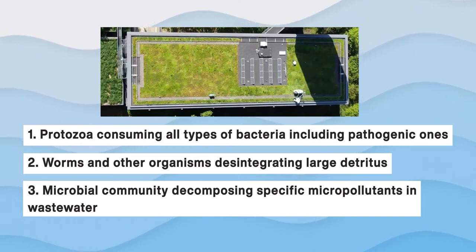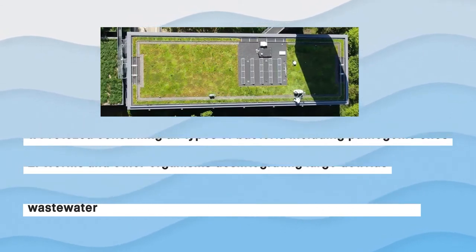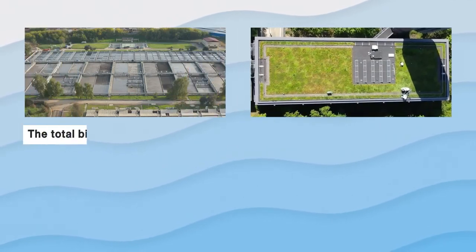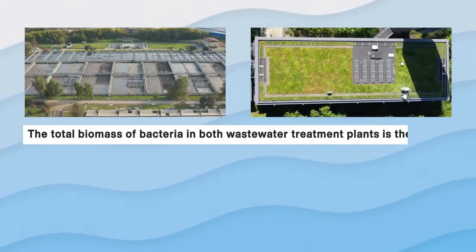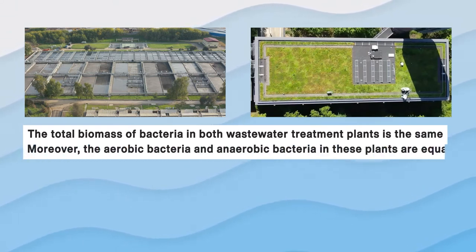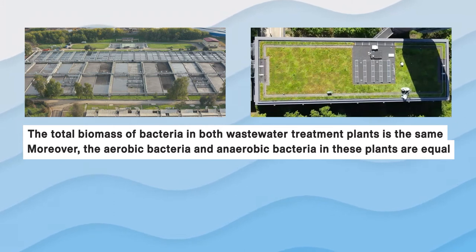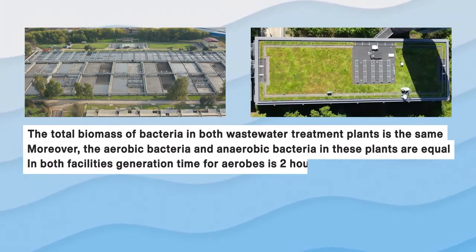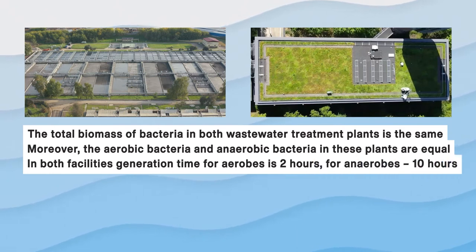Stop. Thank you. Let's first solve a problem. Activated sludge systems and constructed wetlands have the same amount of original bacterial biomass. The proportion of aerobic bacteria to anaerobic is also the same. The generation time of bacteria is the same in both facilities. It takes 2 hours for aerobes and 10 hours for anaerobes to double their biomass.